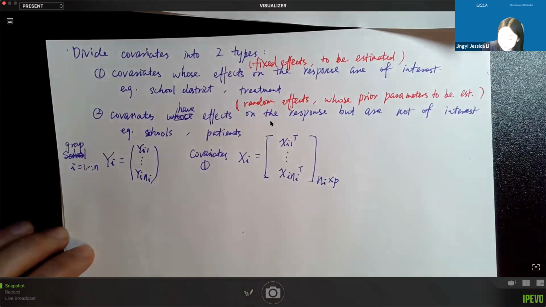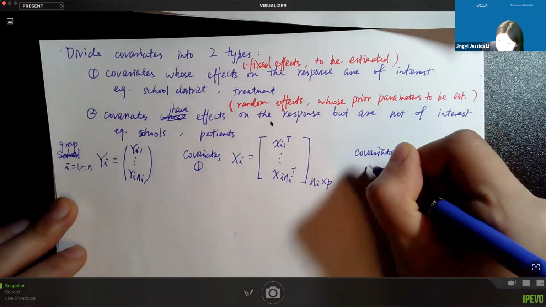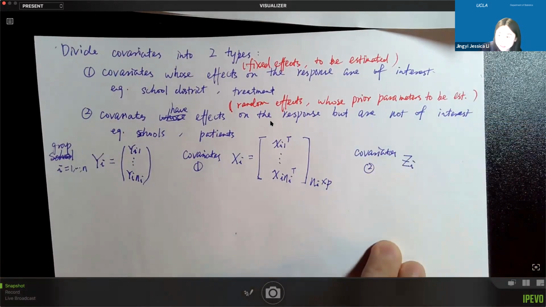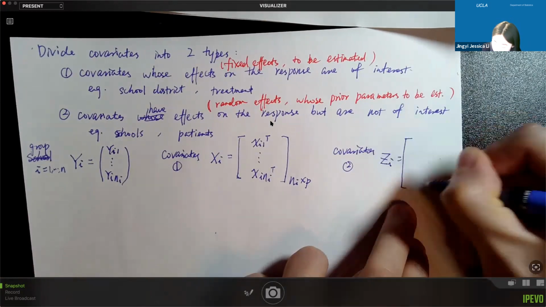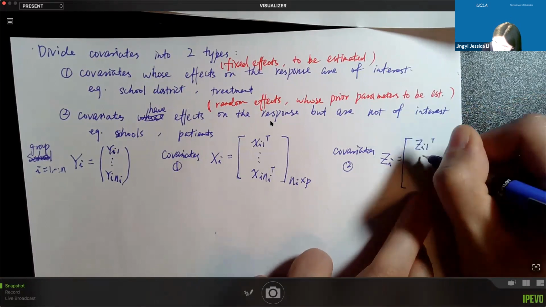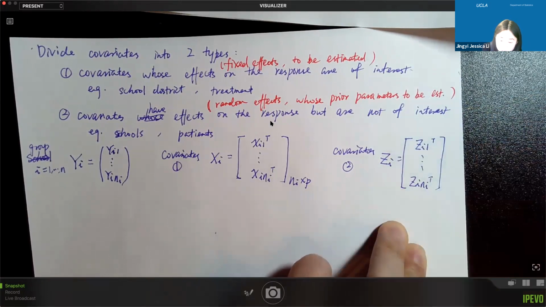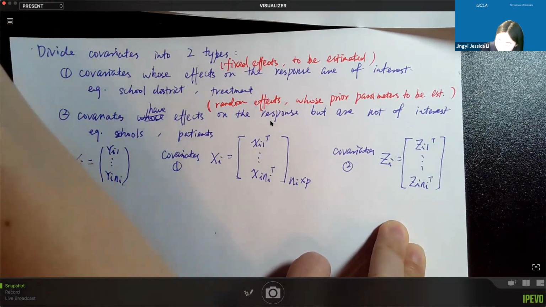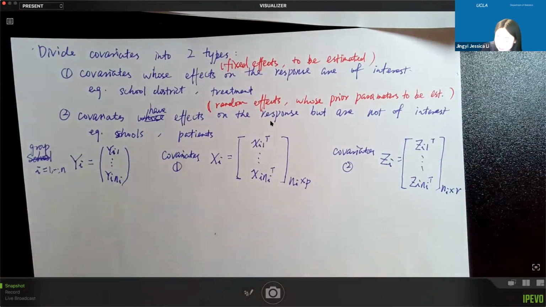For the second type of covariates, I put them into another design matrix I call Z_i, the design matrix of the random effect, with rows z_i1 transpose to z_i n_i transpose. And I also give their dimension: there are R random effects, a common notation in the literature.